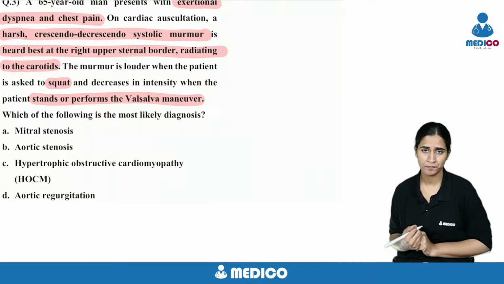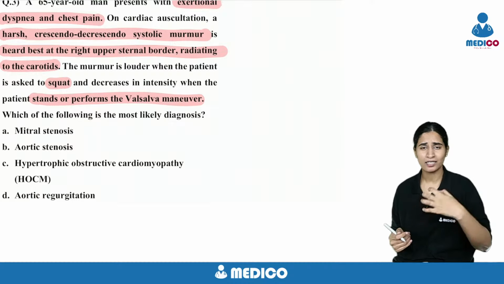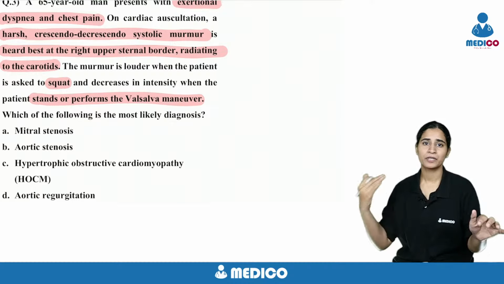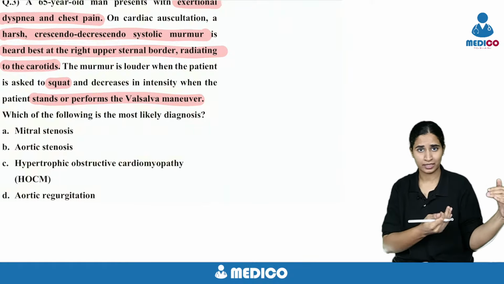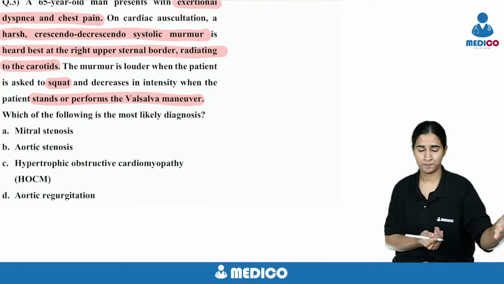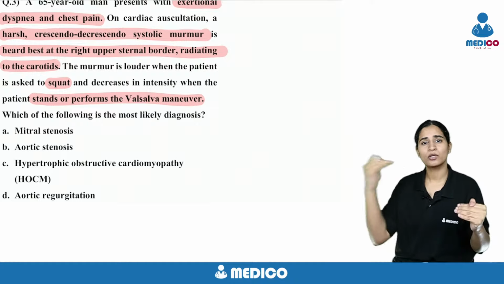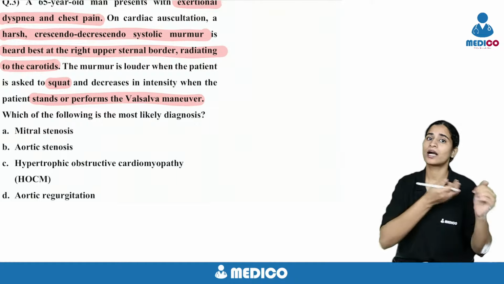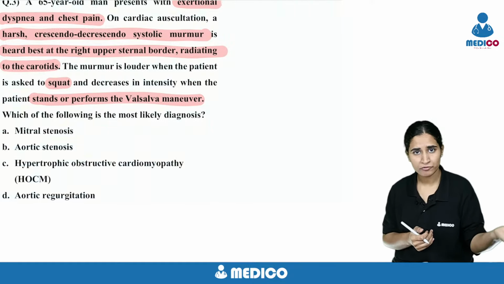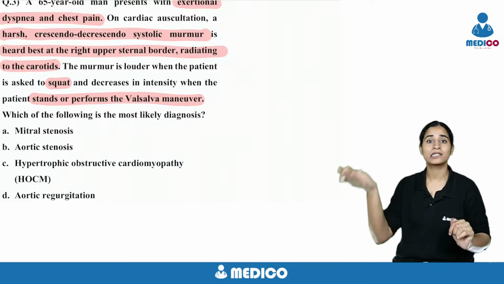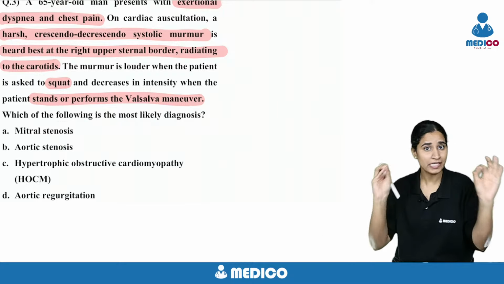The preload will decrease. So in the heart, for almost any murmur, if the preload and afterload increase, the flow through the cardiac chambers will increase and the murmur will exaggerate. Whenever you decrease the preload and afterload, the flow through the cardiac chambers decreases and the murmur will decrease.